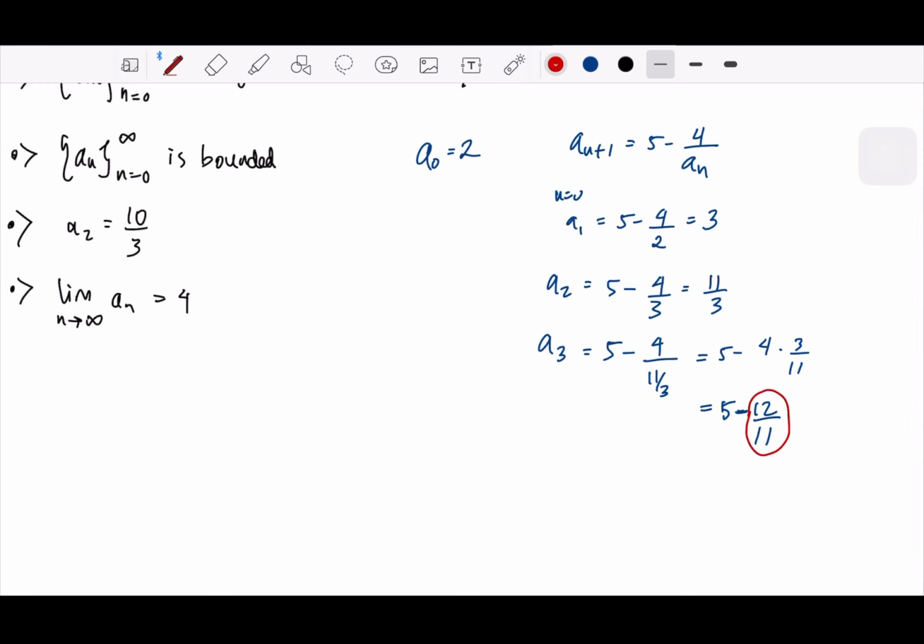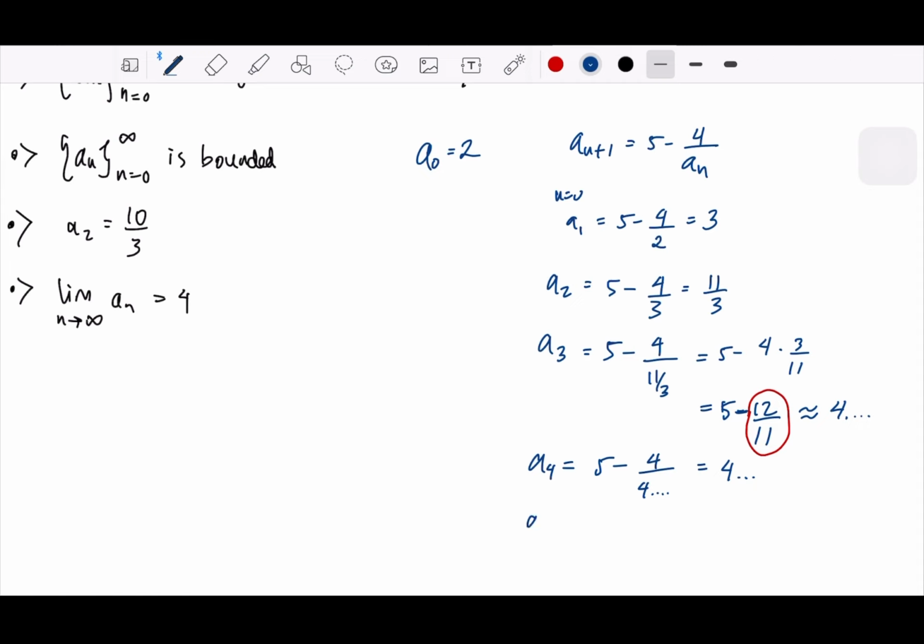Now this is almost 4, 3 point something. And if we have 3 point something, then a4 will result in 3 point something, so this is also still near 4.